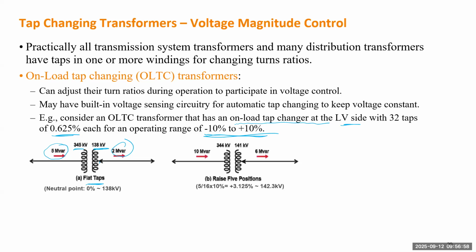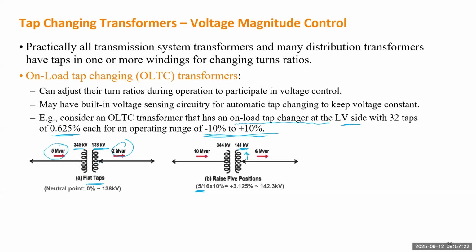If you want to increase the secondary voltage, you can move up the tap. By moving up the tap, you see the voltage will increase. For this case, we move up by 5 taps. Because the total number of taps is 32, on each side there will be 16.